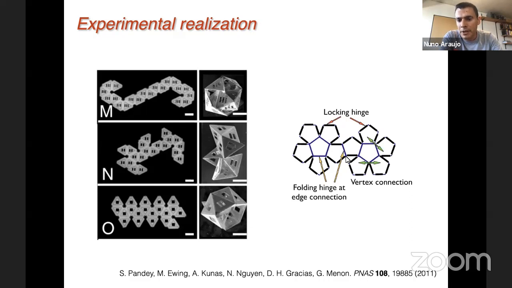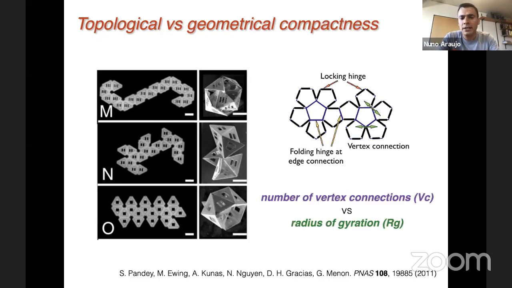If you think, for example, about this vertex here, in order to be fully closed around, one needs to close these two and then close these other two. So vertex connections are vertices that only have one edge that needs to be closed in order to close all the edges around the vertex. And so they compare two different criteria. One is a topological compactness argument, saying that the best net is the one that maximizes the number of vertex connections.